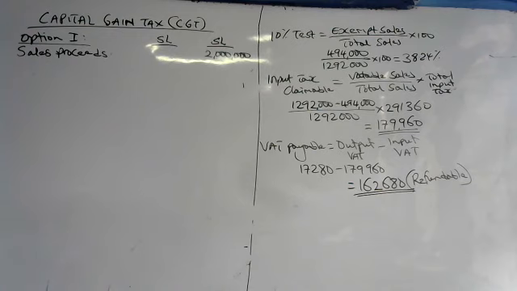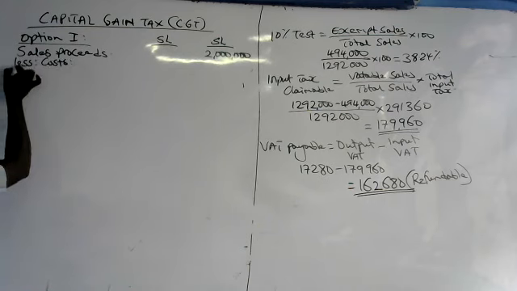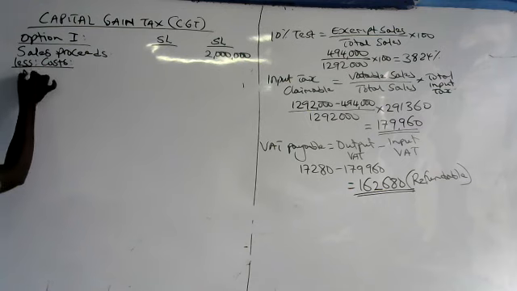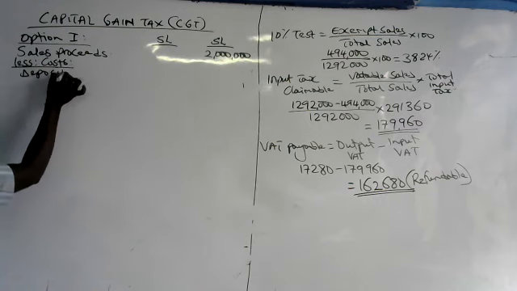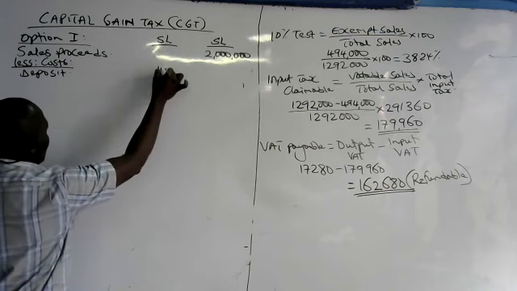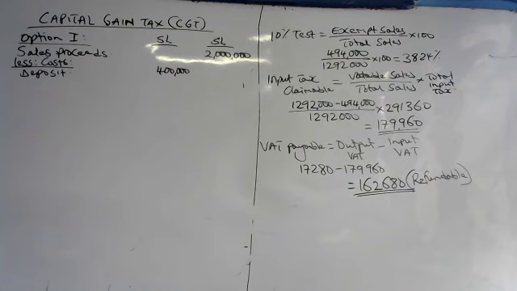So after selling at 2 million, let's look at the other costs. So we will less the costs. The cost relating to that building, we have the deposit. How much deposit did we pay? We paid a deposit of 400k. Right?